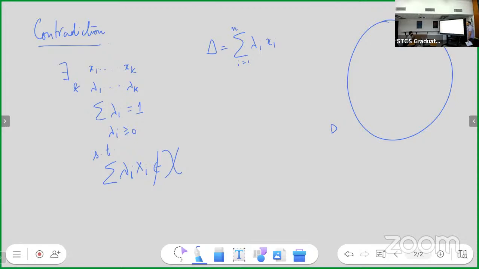But why is it disproving the fact that X was convex? If you take any point inside and take a linear combination of the delta and that point, part of the line will lie completely outside that convex set.